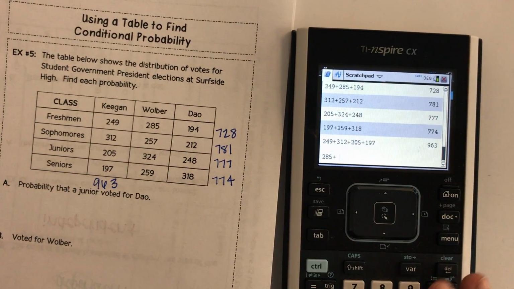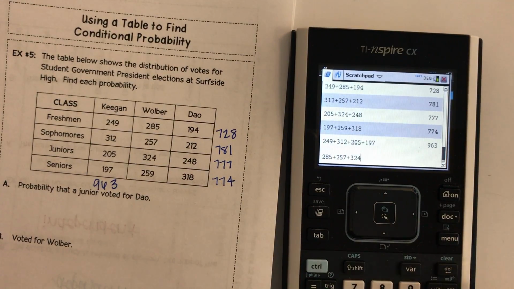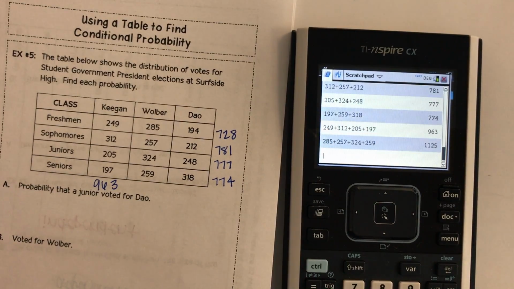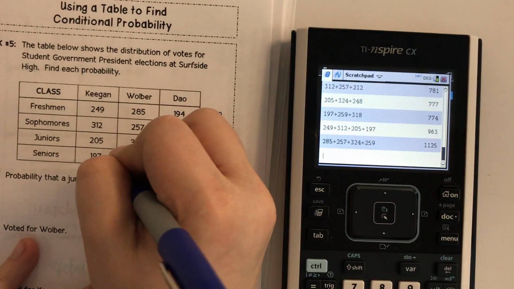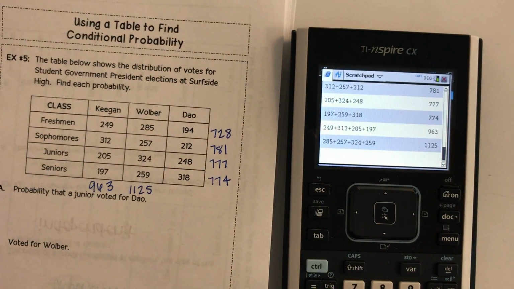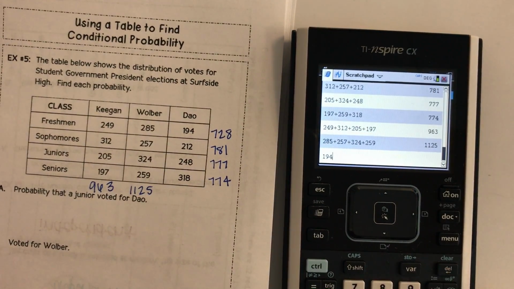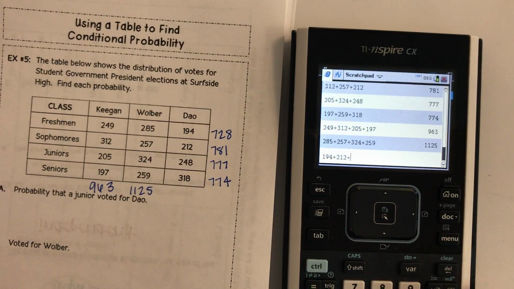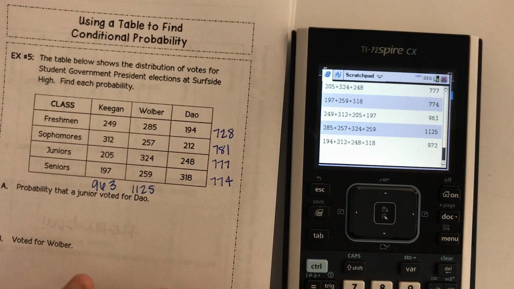Wolber, 257 plus 324 plus 259. 1,125. And then how many people voted for Dow? 194 plus 212 plus 248 plus 318. 972.